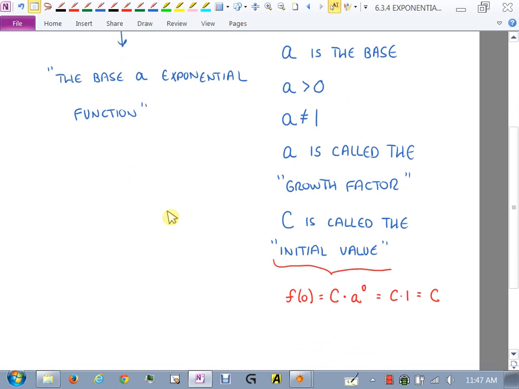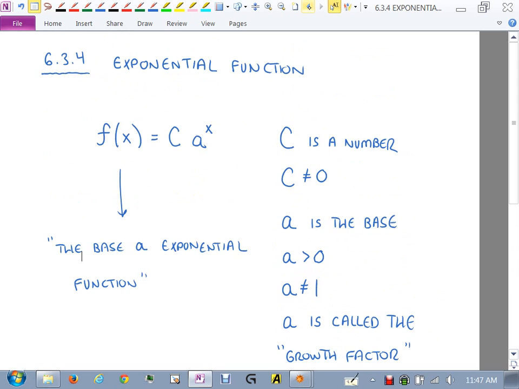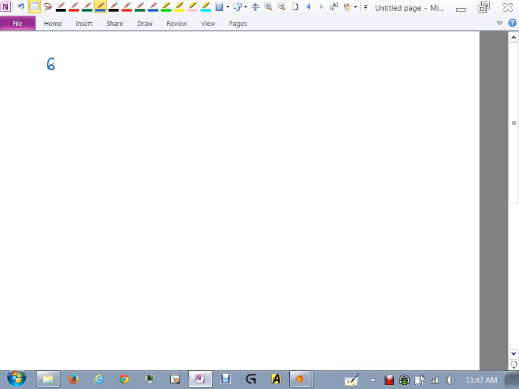With base a, that's fine also. All right, I'm going to proceed. If someone wrote f of x is 2 to the x, like the folding paper, you would say that's a base 2 exponential function, or you could say that's an exponential function with base 2.